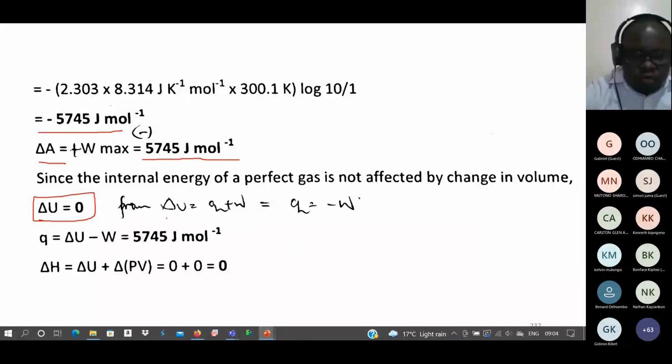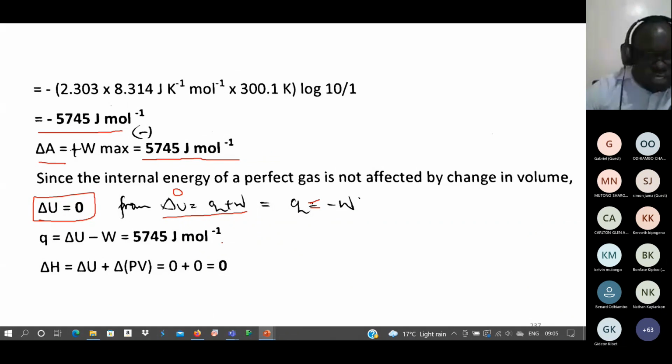From the first law of thermodynamics, delta U equals Q plus W. If this is 0, then Q equals minus W. So Q is the negative of the work. The value of W here was minus 5,745, so Q is going to be positive 5,745 joules per mole.